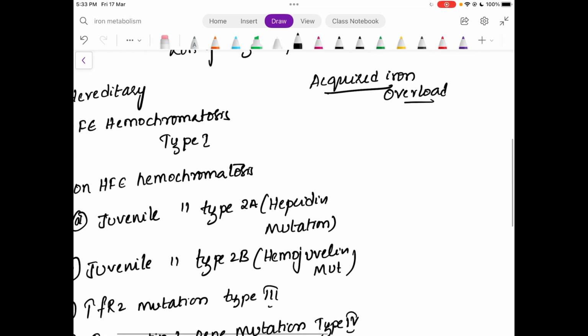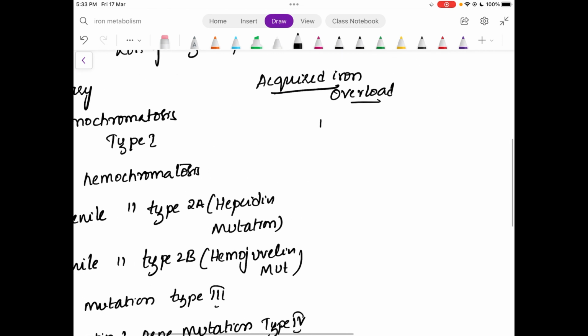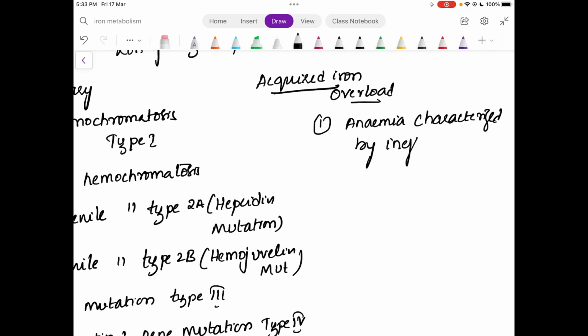Next, acquired iron overload can be caused by anemia characterized by ineffective erythropoiesis. What happens in this? There is an anemia.